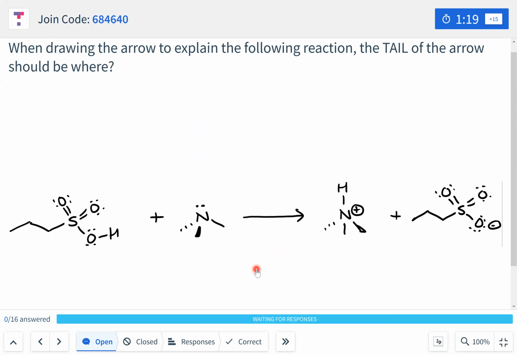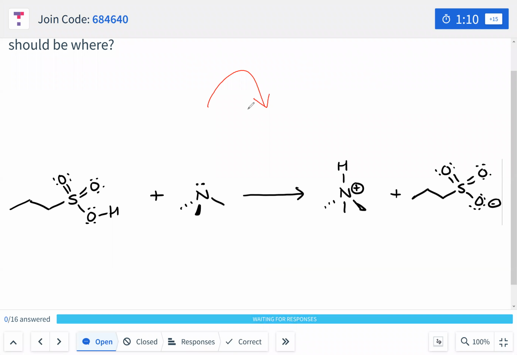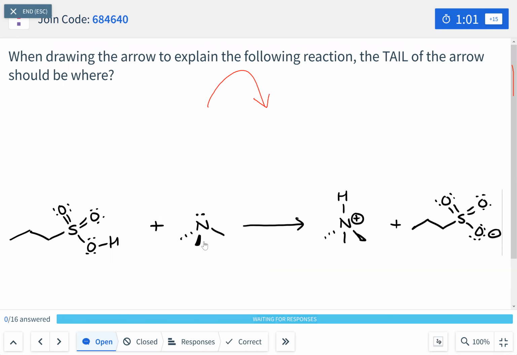So if I was to draw an arrow, what the question's basically asking is, if we want to draw an arrow to explain what's taking place between this molecule and this molecule to make these two, where does the tail, where does this start?